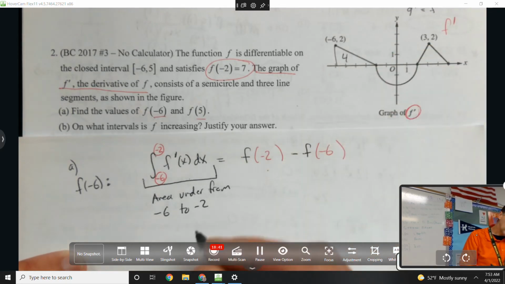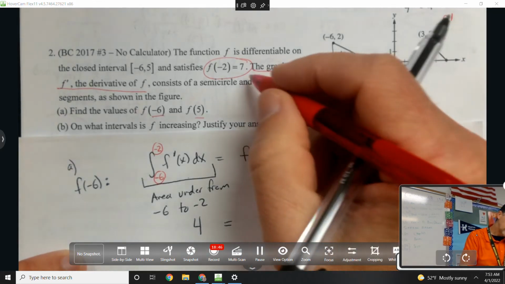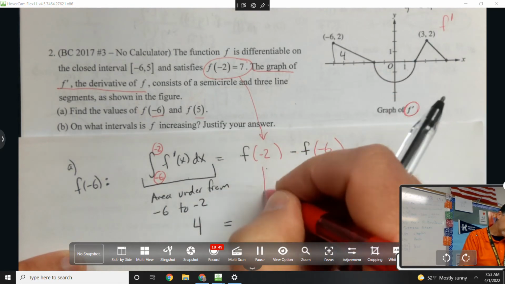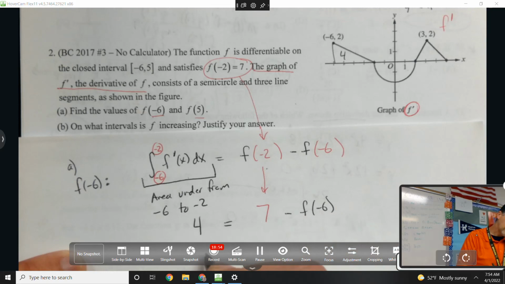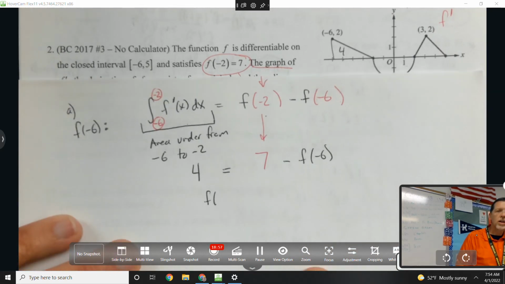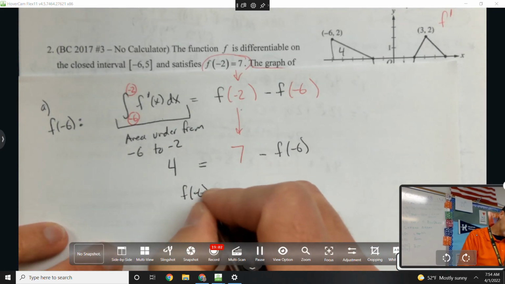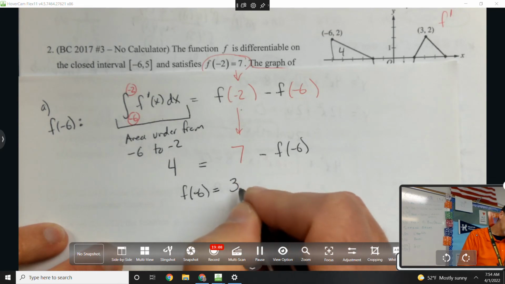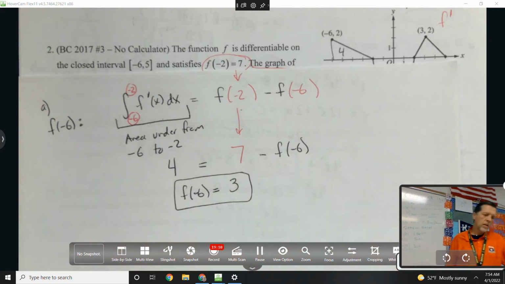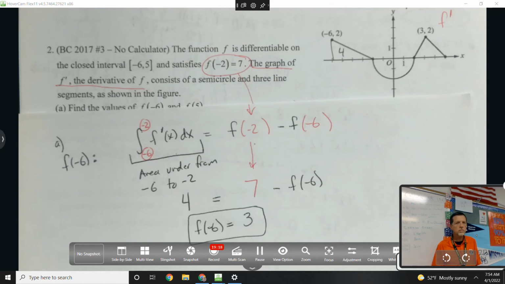Half of that is 4, so that area is 4 equals f of negative 2, which is 7, minus f of negative 6. So f of negative 6, move things around, is 7 minus 4. And then you do the same thing for f of 5. Are you good with that?